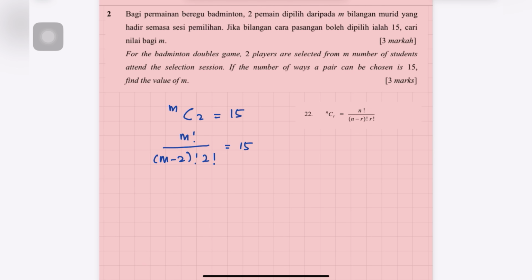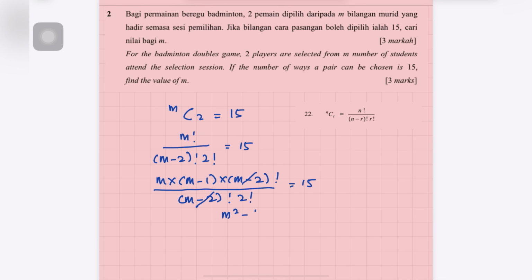So m factorial is m times (m minus 1) times (m minus 2) factorial, over (m minus 2) factorial times 2 factorial, equals 15. So this one we can eliminate. So we expand m times (m minus 1) is m squared minus m. Then 2 times 2 factorial is 2, and 2 times 15 is 30.